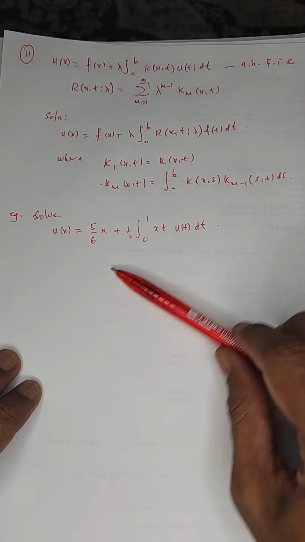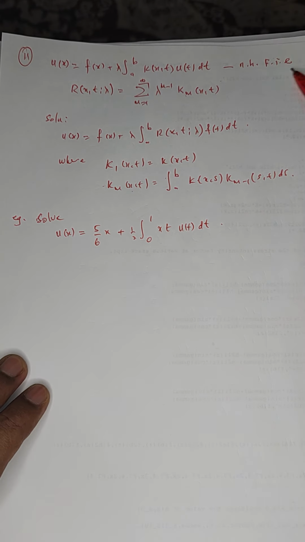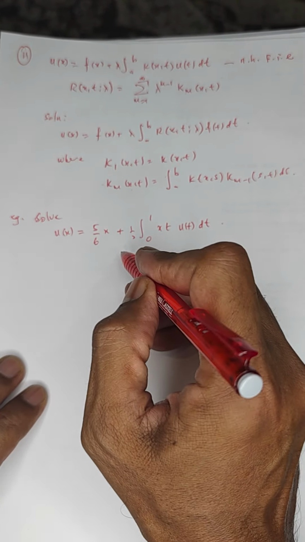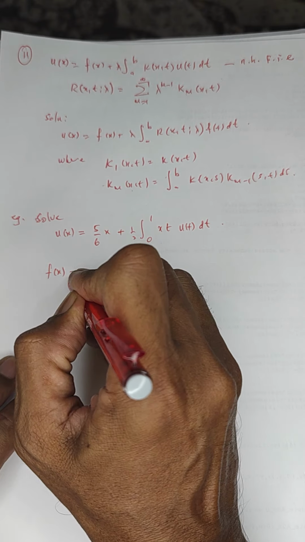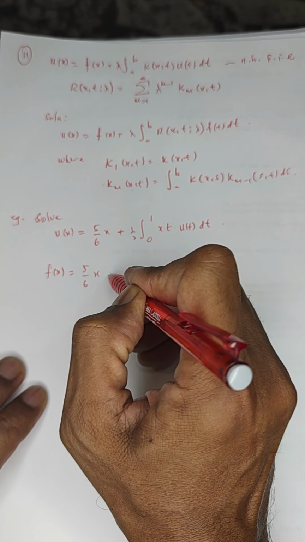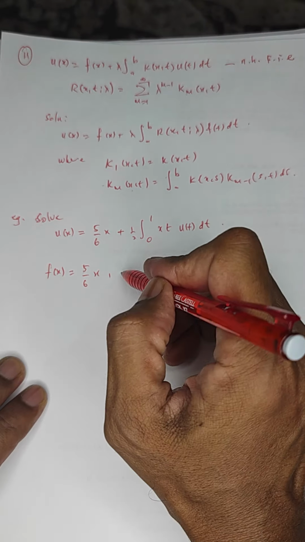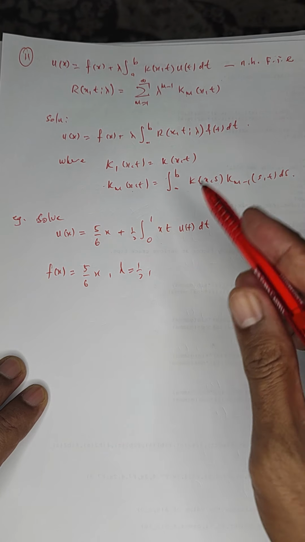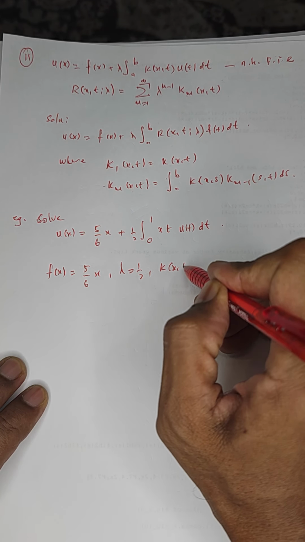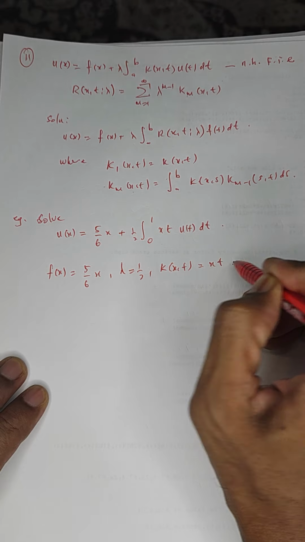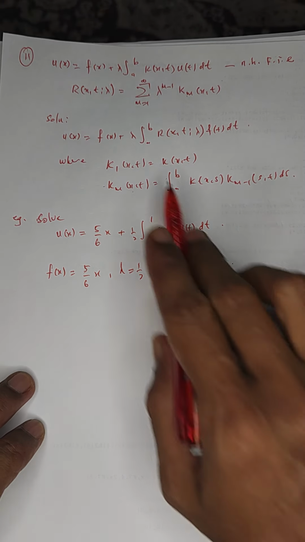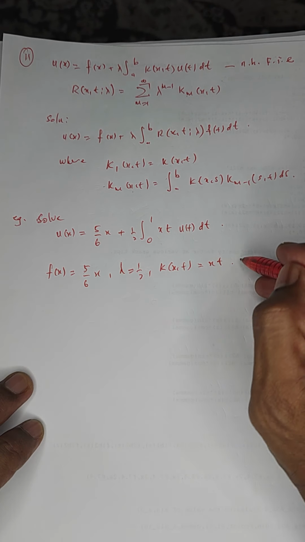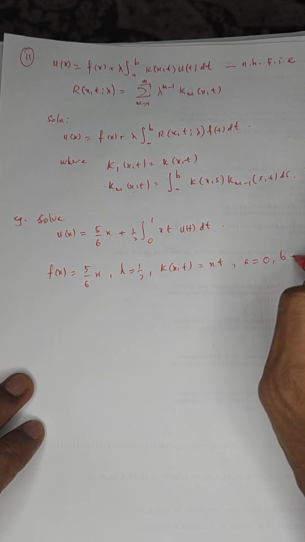If you compare that with the general form, we can see that f(x) is 5/6 x, lambda is half, and the kernel K(x,t) is xt, with a equal to 0 and b equal to 1.